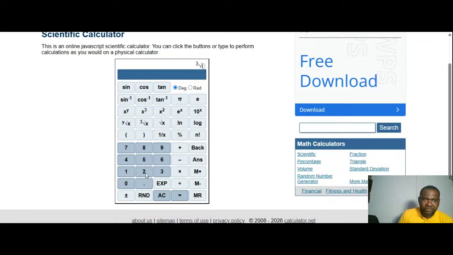I will say cube root of, let's say, 8. You can see the answer, 2. Can you see how cube root works?